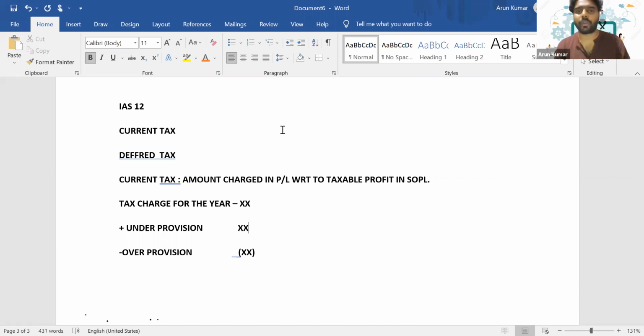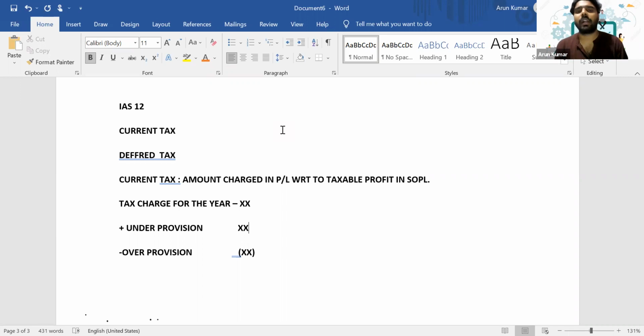So what do you mean by under provision? Last year we estimated a tax expense, but it was lower than what was agreed with the tax authority. We know that we will be paying tax in arrears, right? So last year we expected the tax expense to be 1 lakh.